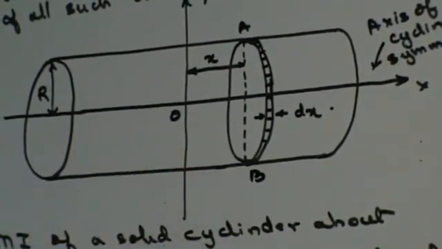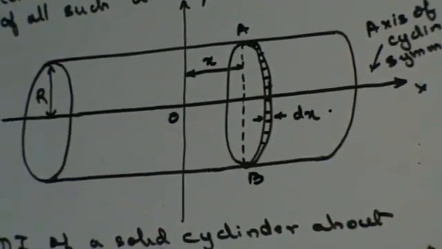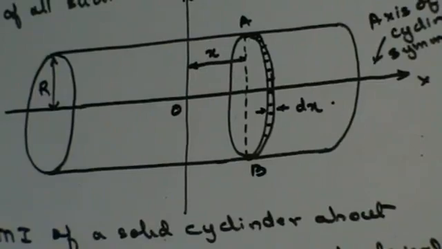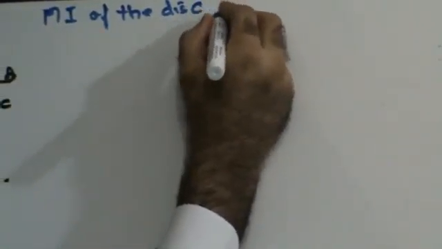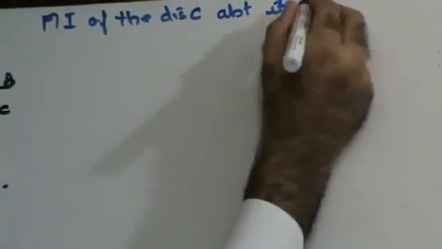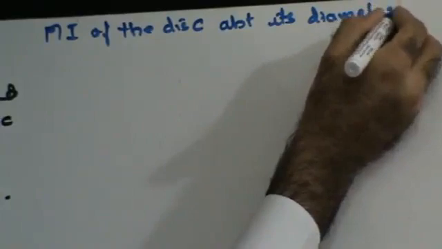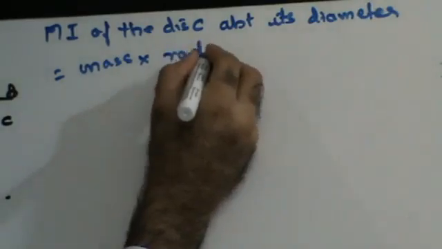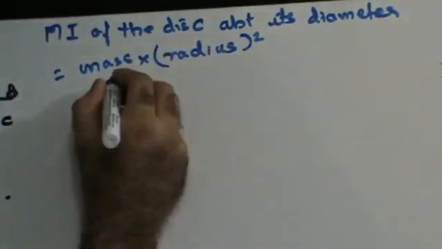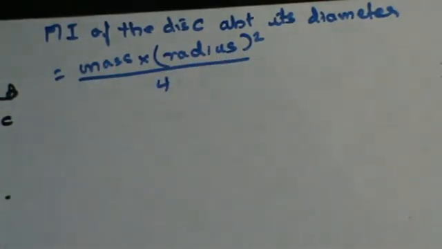So I can say that moment of inertia of the disk about its diameter is given by the formula mass into radius square upon 4.